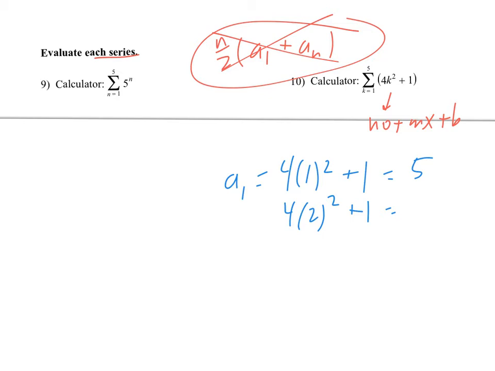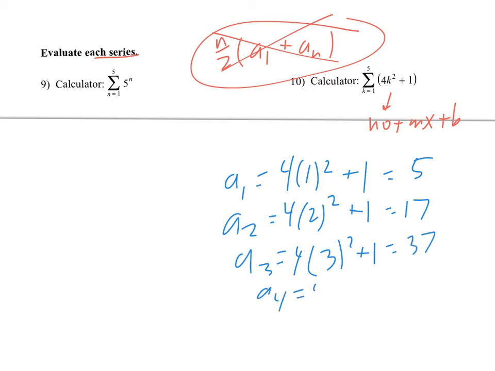So this is 4 times 2 squared, 4 times 4 is 16, so that'll be 17 for a sub 2. A sub 3 is 4 times 3 squared plus 1. So 9 times 4 is 36 plus 1, 37. A sub 4, 4 times 4 squared plus 1. So 16 times 4.